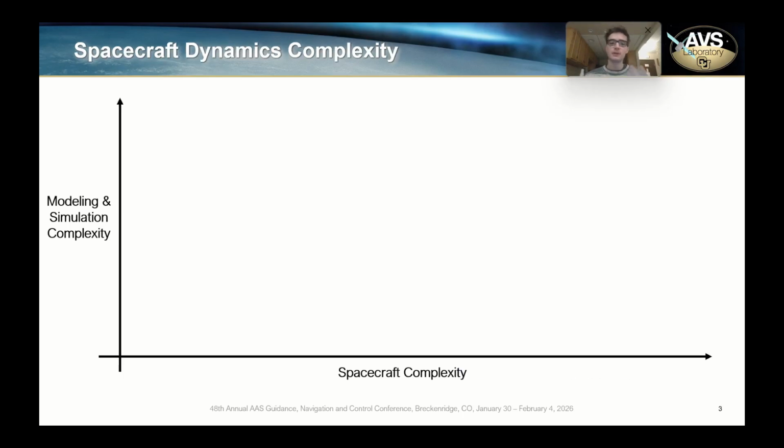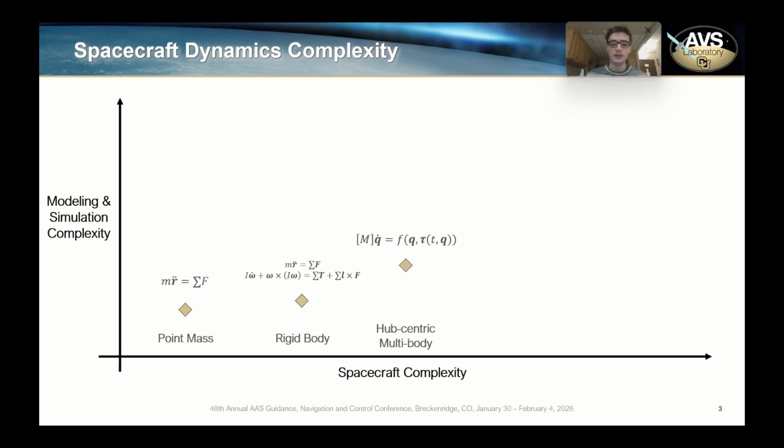We're talking about this because, as I mentioned, we usually like to think that our spacecraft are point masses or rigid bodies. And that's very useful because the analytical equations of motion for these systems are very easy. I think everybody in this presentation can derive them by hand. Now, when we start adding things like reaction wheels or solar panels, then you start having this coupled motion of multiple masses moving with respect to each other.